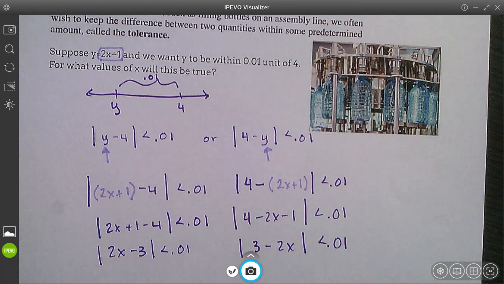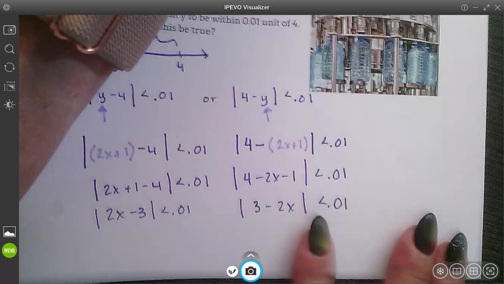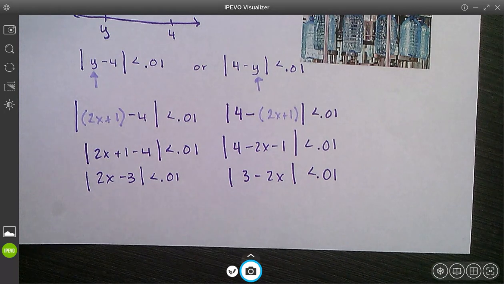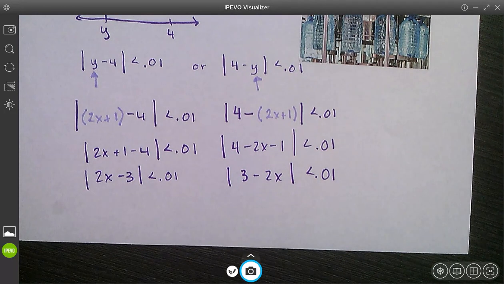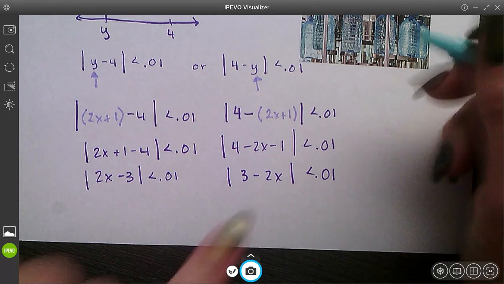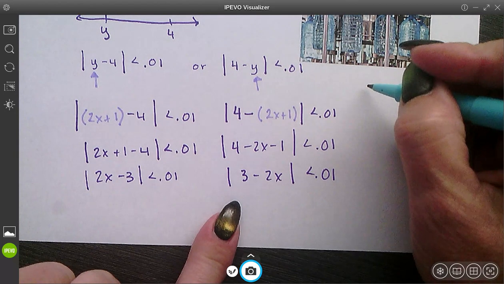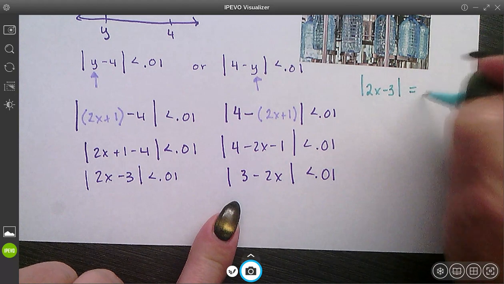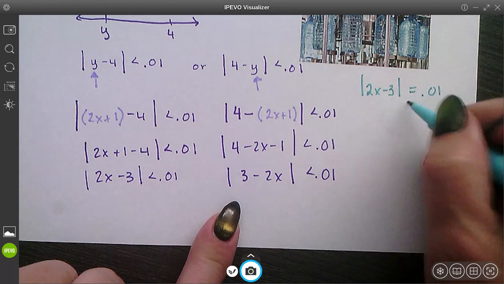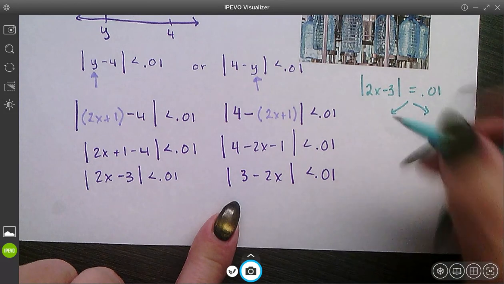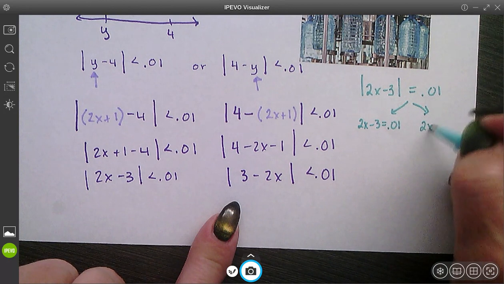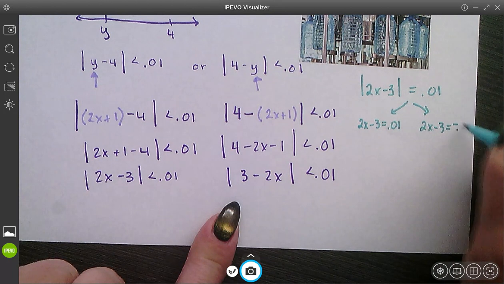To solve this inequality, we would replace the inequality with an equal sign and then get those critical values and put them on a number line. So I would choose one of these. I would rather do 2x minus 3. So the absolute value of 2x minus 3 equals 0.01, which would give me two equations: 2x minus 3 equals 0.01, and 2x minus 3 equals negative 0.01.